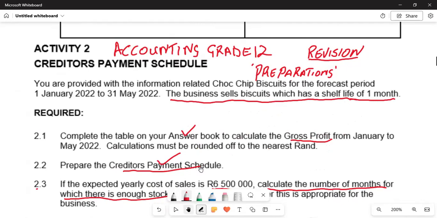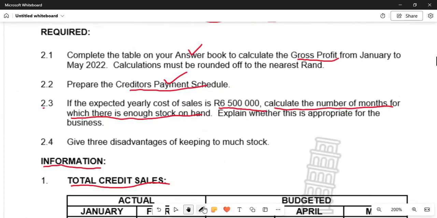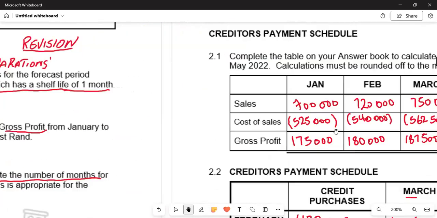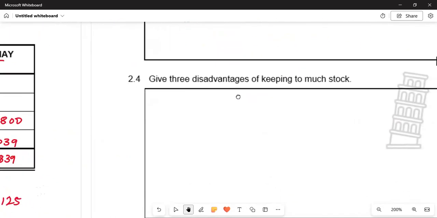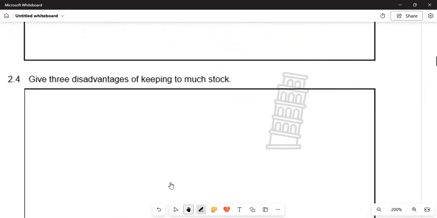So now we have answered 2.3. Now we have to give 3 disadvantages of keeping too much stock. That is 2.4. So it means the inventory can become obsolete.